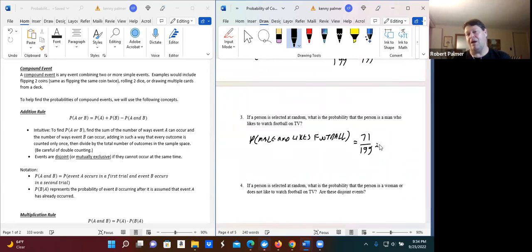So 71 out of 199, and if we divide that, oops, sorry, that's not right. I put 99; 71 divided by 199 is approximately 0.36, or about 36%.